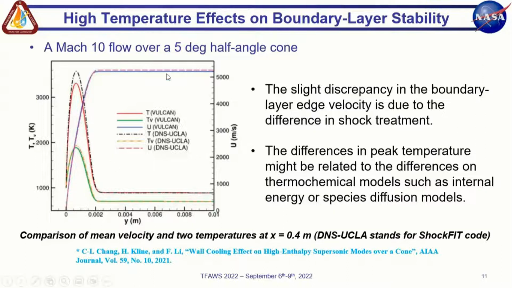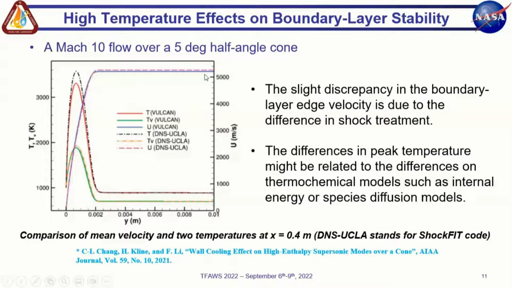So if we check here, the first thing we can notice is that for the boundary layer edge velocity, there's a small difference, but this discrepancy consistently exists, right? We know it's coming from the solvers treating the shock differently. VULCAN uses shock capturing, and the shock fitting code uses shock fitting algorithms.